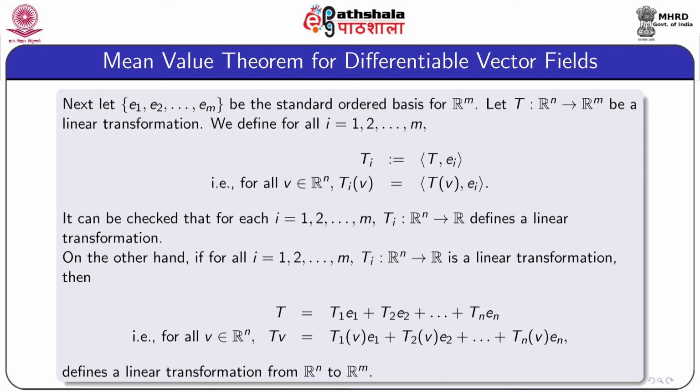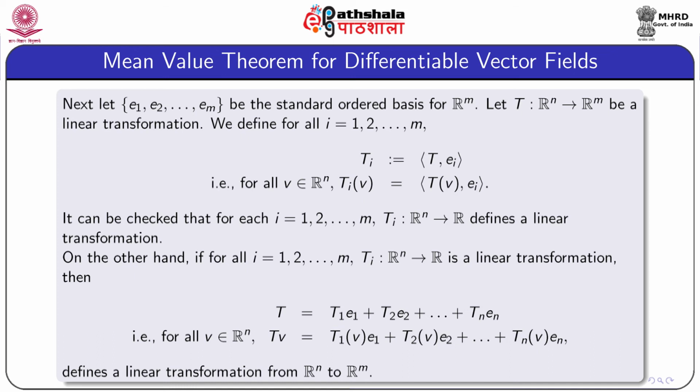Let e1, e2, ..., em be the standard ordered basis for R^m. Let T from R^n to R^m be a linear transformation. For every i equal to 1 to m, we define Ti by the inner product of T with ei. That is, for every v in R^n, we define Ti(v) equal to the inner product of T(v) with ei. One can easily check that for each i from 1 to m, Ti from R^n to R defines a linear transformation.